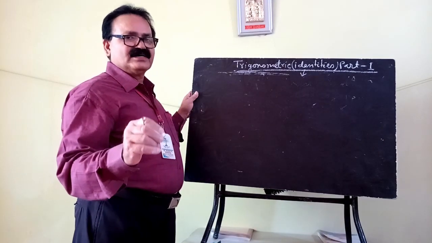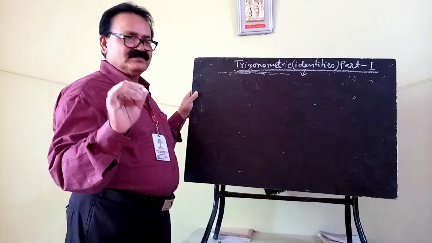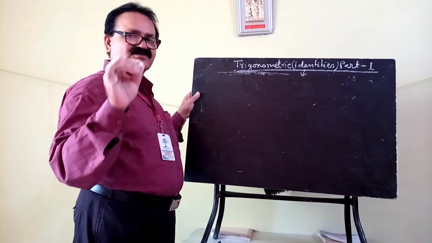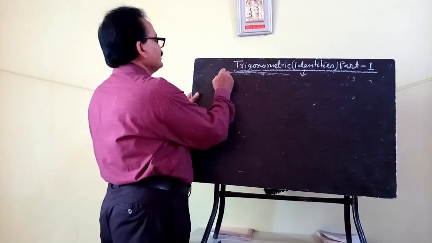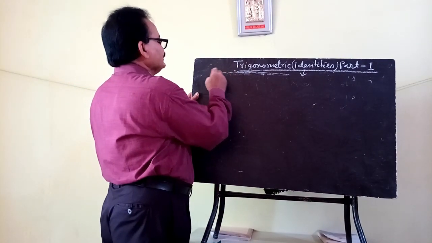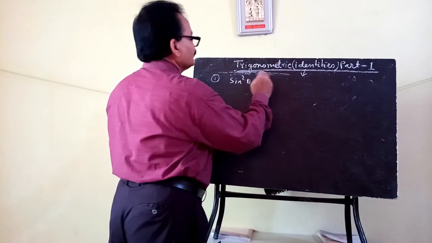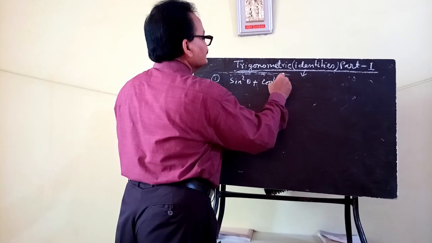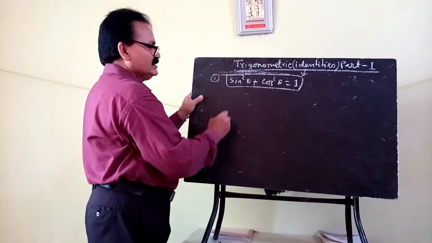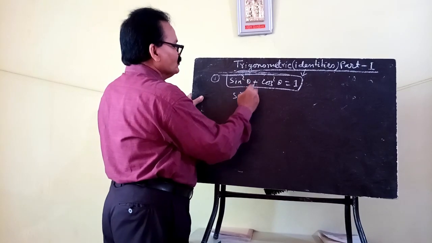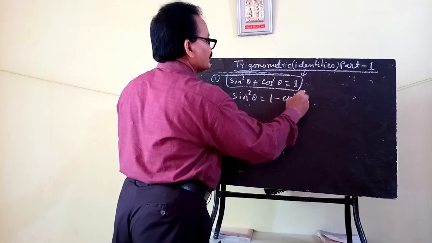For simplification or to prove various identities, you have to use some tricks and you have to remember certain relations also. So in conclusion, your identities are, say, sin square theta plus cos square theta is 1. In some questions, you may put sin square theta as 1 minus cos square theta.